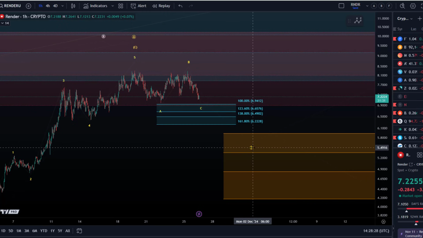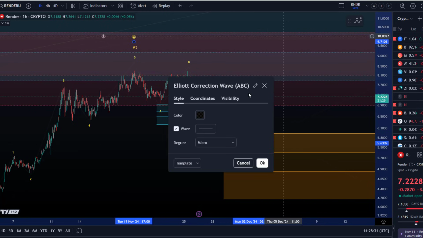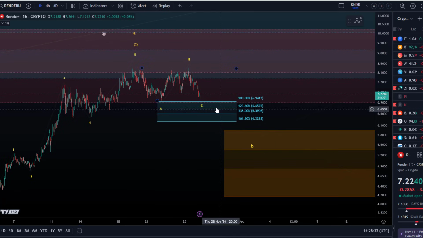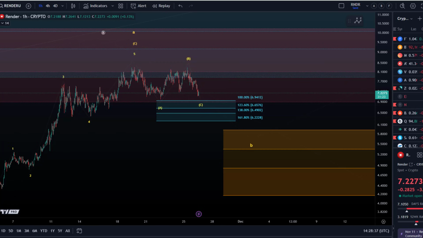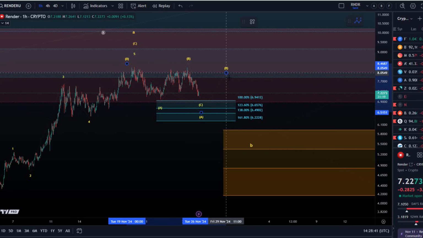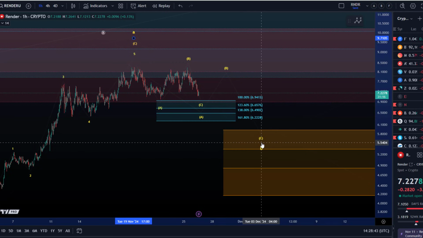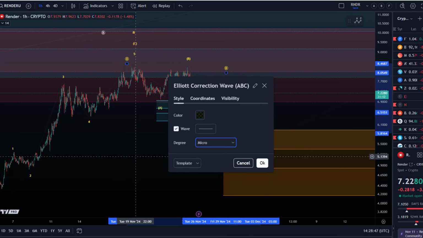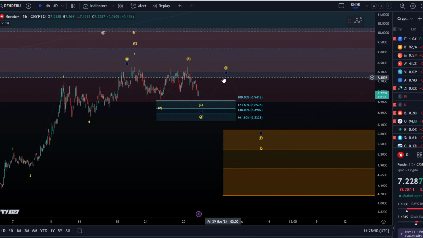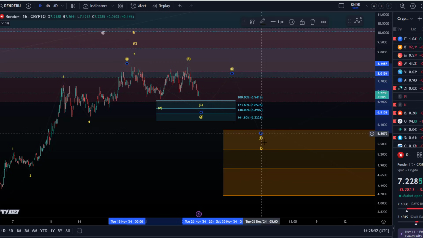Let me just change the wave degrees for that. Right, so this is what I'd be watching for, the yellow count. That would be short-term bearish. Even here, some kind of a bounce at some point would be likely in a B wave before we go down.